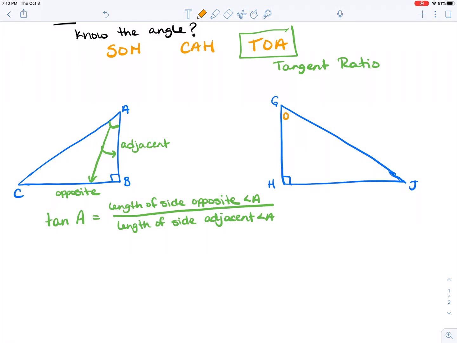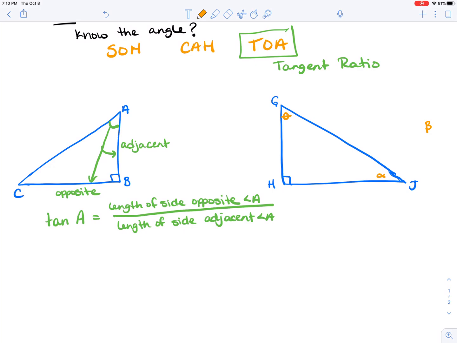So I might have theta, or I might have alpha, and sometimes beta is used as well. It makes it easier. Theta is the most common, but you will see beta and alpha or other Greek letters for the angles if we're having more than one that we're dealing with. For the demonstrations in this video, I will usually use theta.